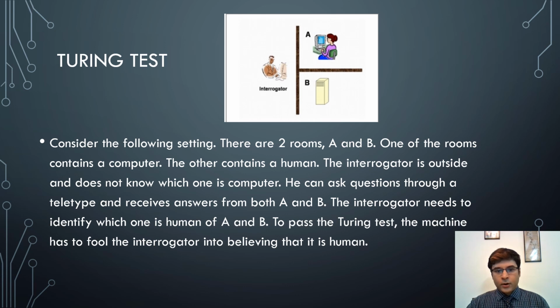The interrogator is outside both the rooms and does not know which one is computer, and he can ask questions through a teletype and receive answers from both A and B. The interrogator needs to identify which one is human out of A and B. To pass the Turing test, the machine has to fool the interrogator into believing that it is human. So if a machine passes the Turing test, it is clearly said to employ artificial intelligence.